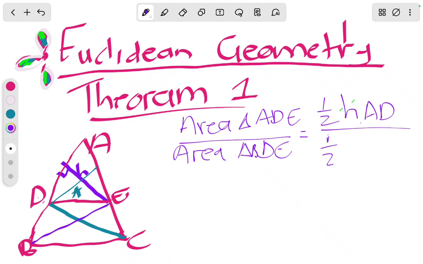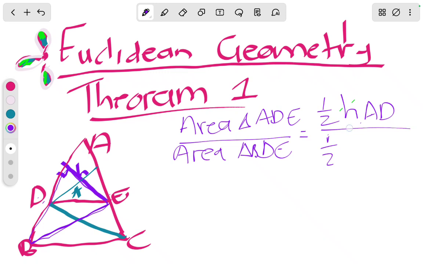So you're going to say 1/2, still the same height. See, triangle BDE has the same height as triangle ADE in relation to this big purple triangle. You see this purple triangle, it has the same height.